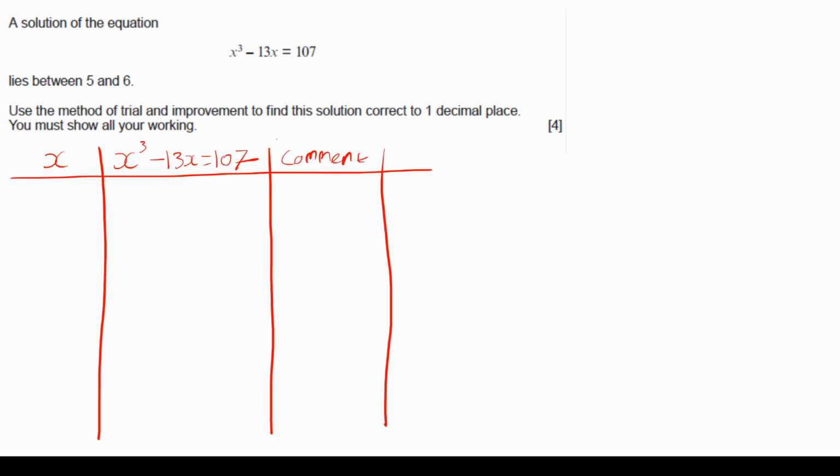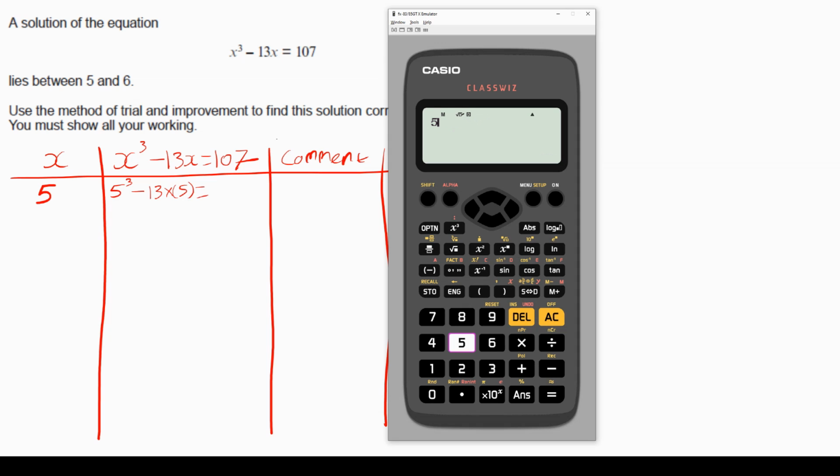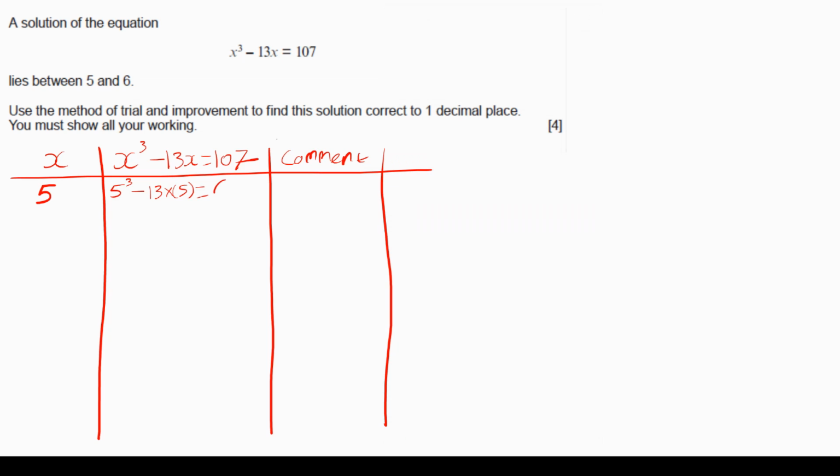So we know the solution lies between x equals 5 and x equals 6, so we'll begin by trying x equals 5. And if I substitute that in, I have 5 cubed, take away 13 times 5, and let's work that out. That gives me 60, which is less than 107, so that's too small.